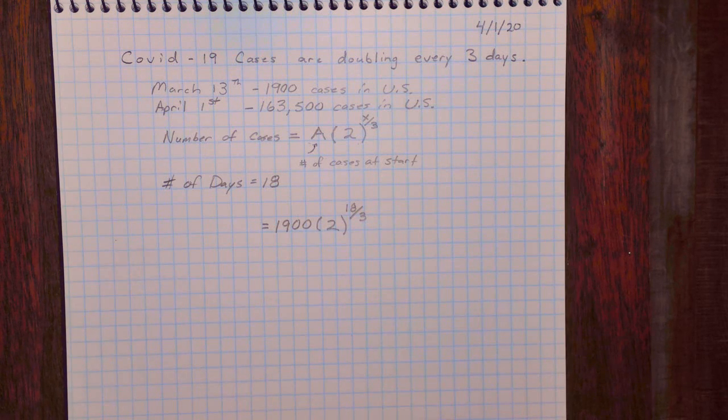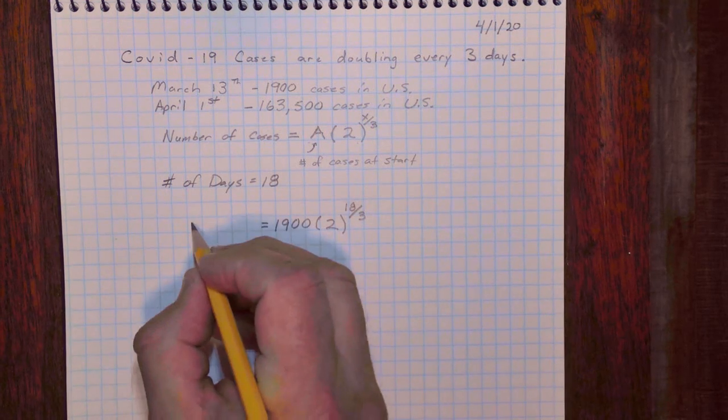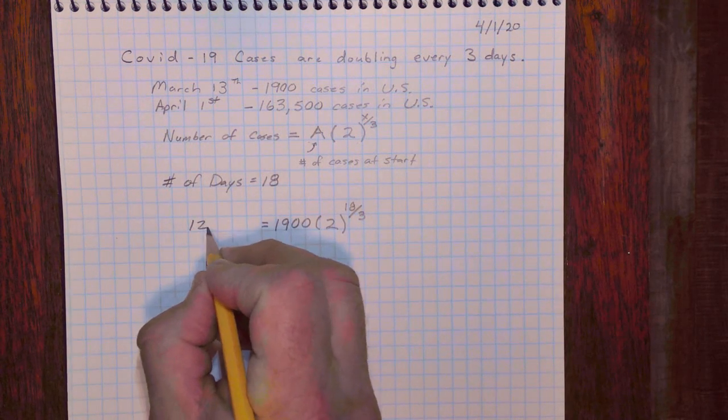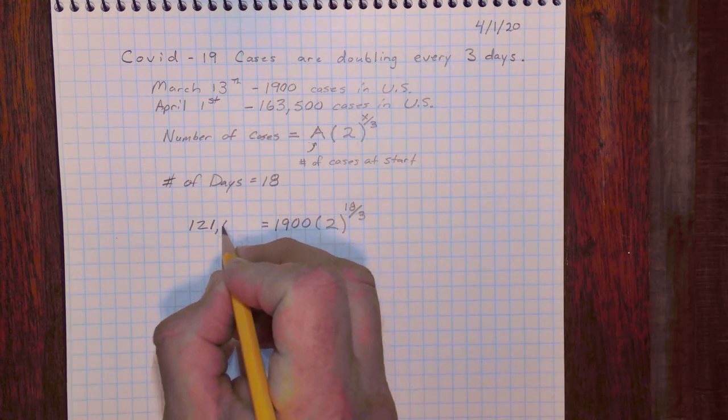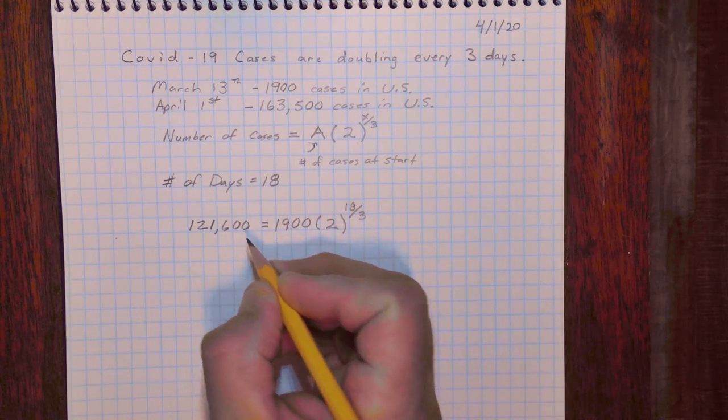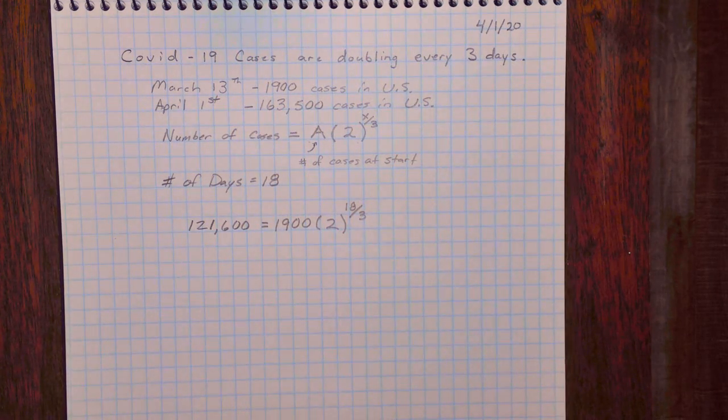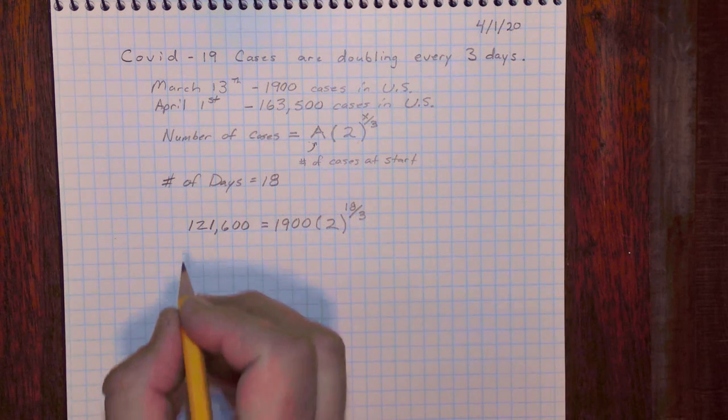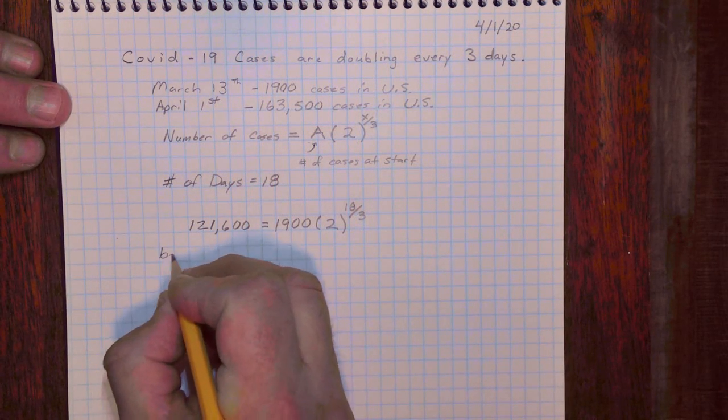That's 18 divided by 3 is 6, so 2 to the 6th power is 64. 64 times 1,900 is equal to 121,600.